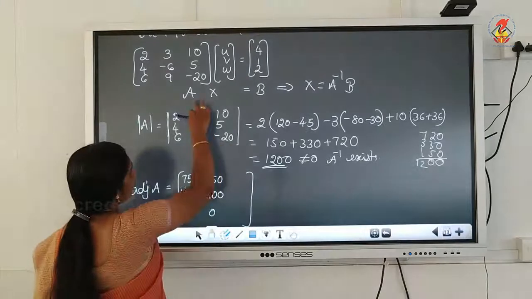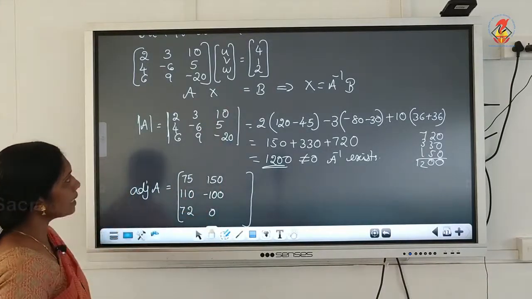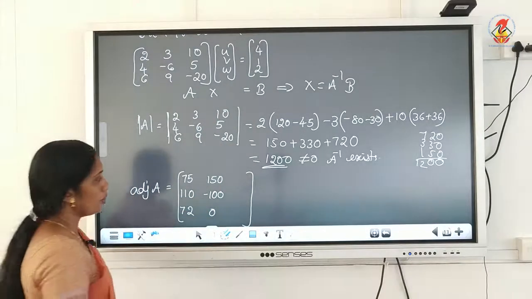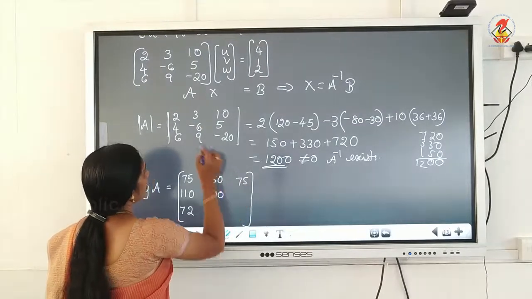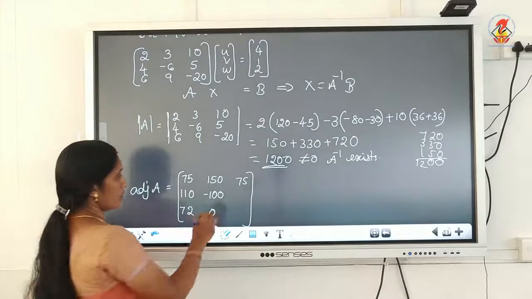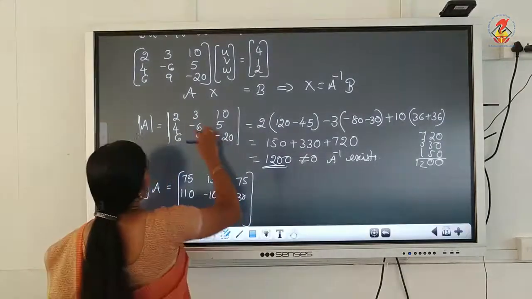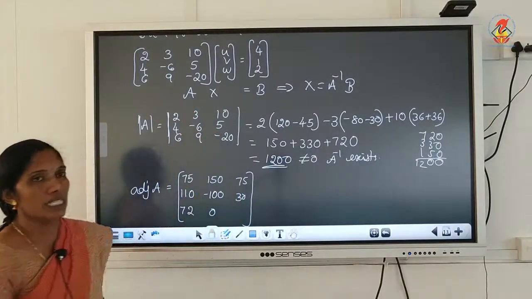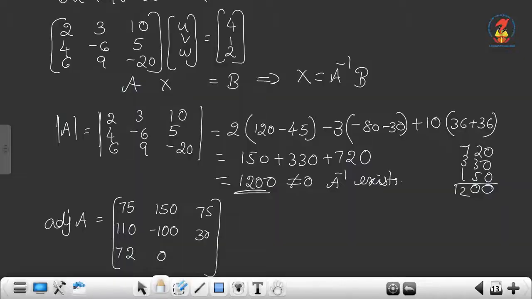Now the last row: 15 plus 60, that's equal to 75. 10 minus 40, that is minus 30, change this sign. The last element: minus 12 minus 12, that is minus 24.